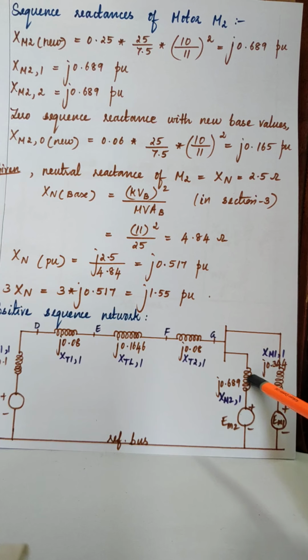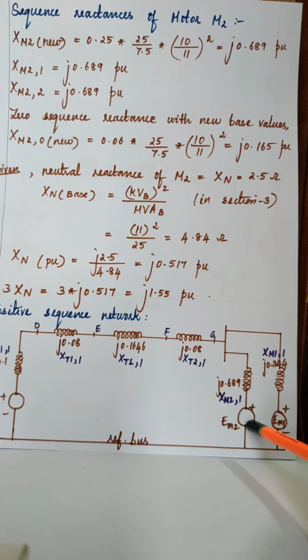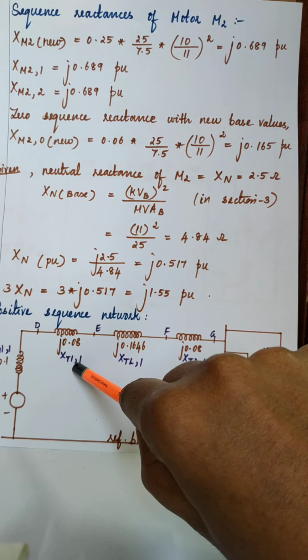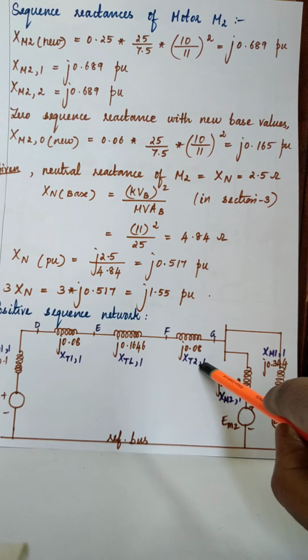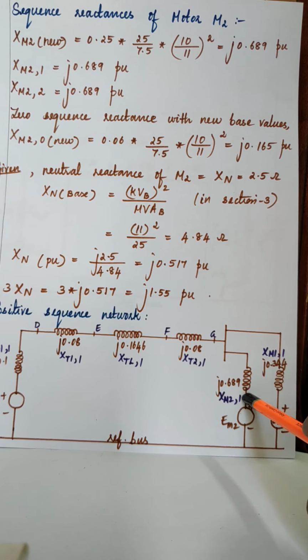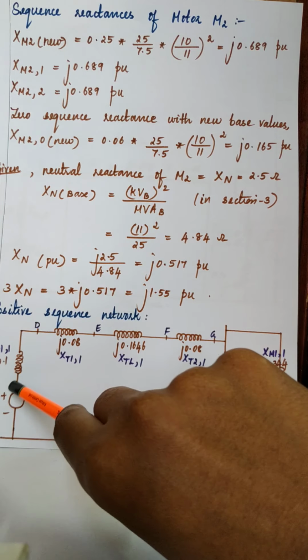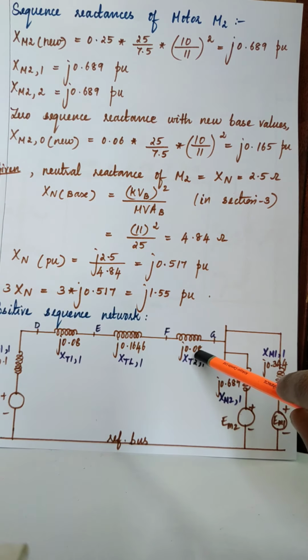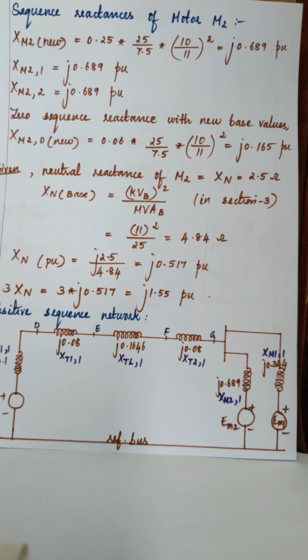For motor 2, a reactance in series with this EM2. Okay. So now Xg1, Xt1, Xtl1, Xt2, Xm1, Xm2 are copied down from the data. Whatever we have calculated, all the positive sequence reactance values are written in the positive sequence network.